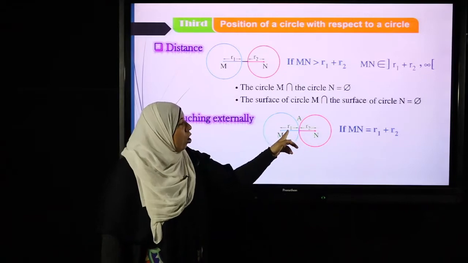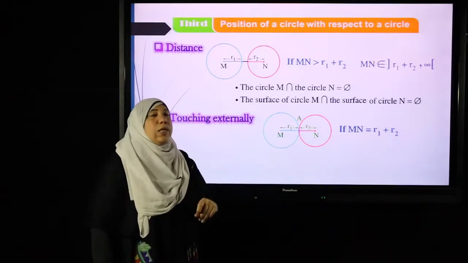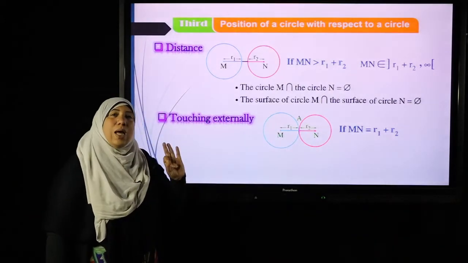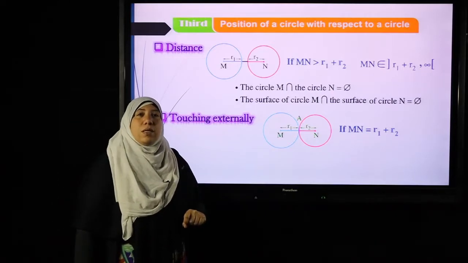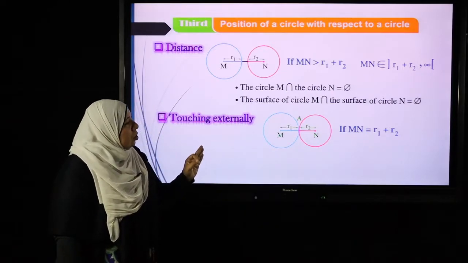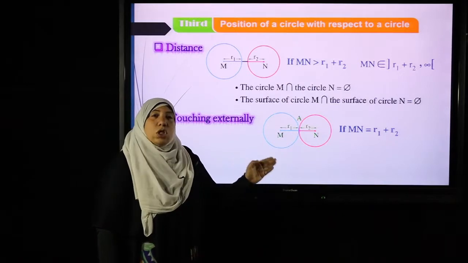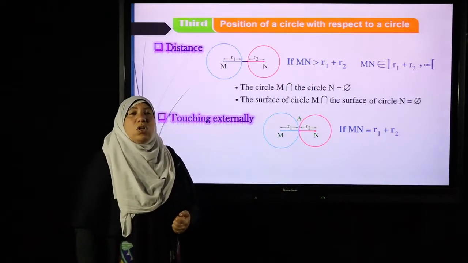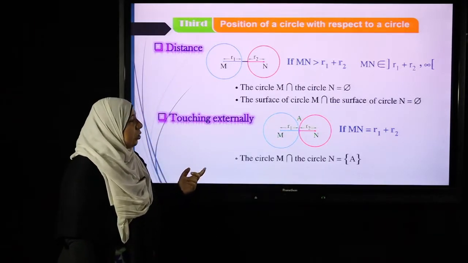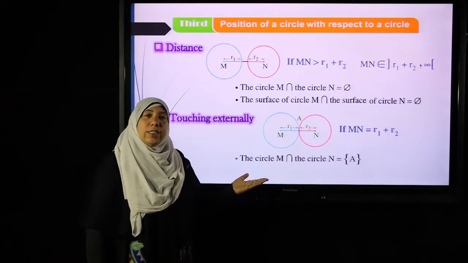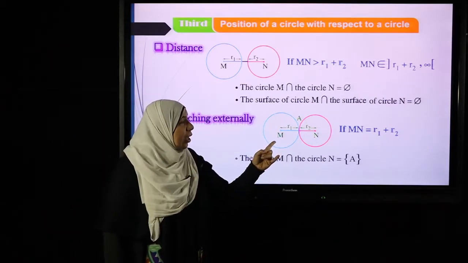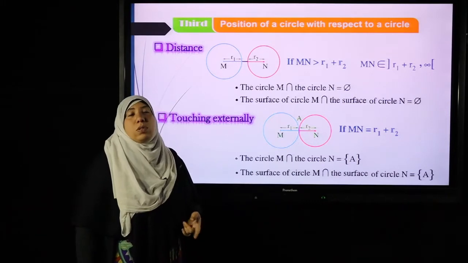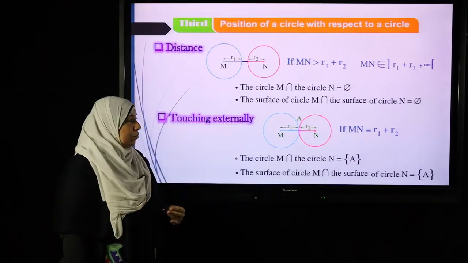If I add R1 plus R2, it will give you the same distance as the line between their centers. So I can say that the 2 circles here are touching externally. These 2 circles intersect at the point A, and their surfaces also intersect at the point A.